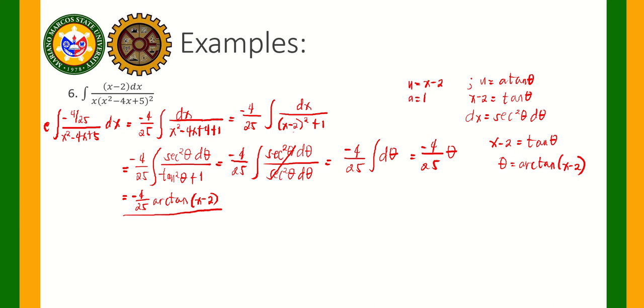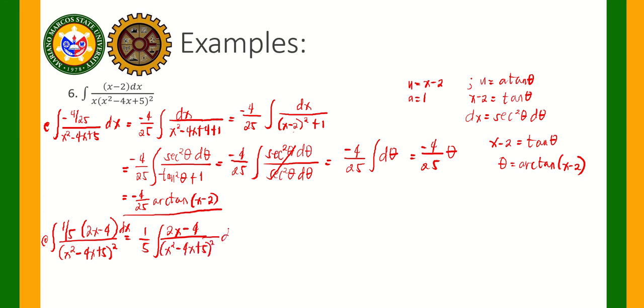So, this is for our third term. Okay? So, for the fourth term naman, so at the integral of 1 over 5 times 2x minus 4 over x squared minus 4x plus 5 quantity squared. So, we isolate si constant and we have 2x minus 4 all over x squared minus 4x plus 5 squared dx. I forgot si dx.